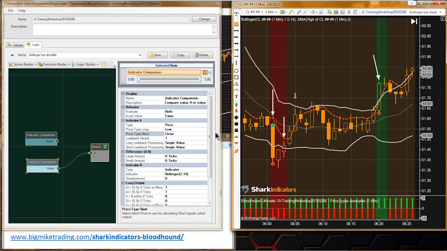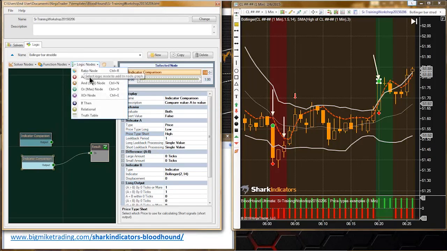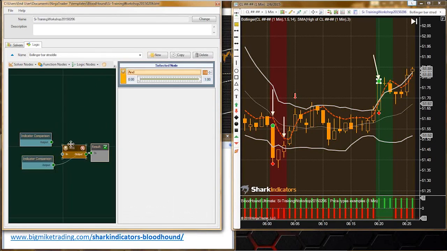The first solver we made looked at the low price, so the second solver needs to identify the high price. So let's change this to the high price, like so. Alright, that looks correct, and now we need to AND both of these together.